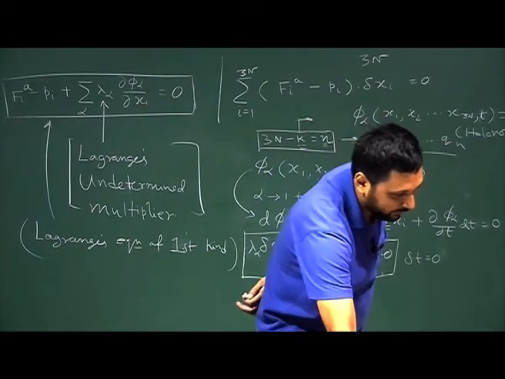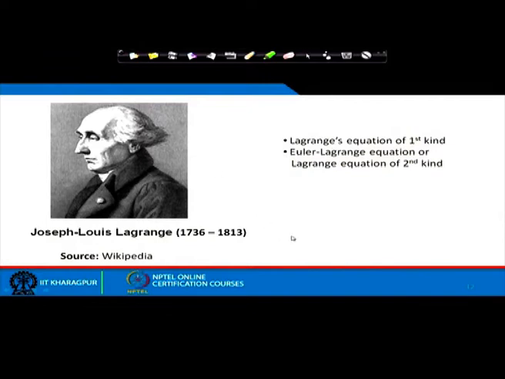Joseph Louis Lagrange was a young mathematician at that time. He found that directly from D'Alembert's principle we can make all independent equations by applying an undetermined multiplier. Around 1755, when he was not even 20, he wrote a paper and sent it to the most famous mathematician of his time, Euler.